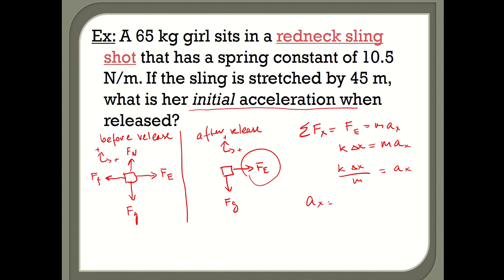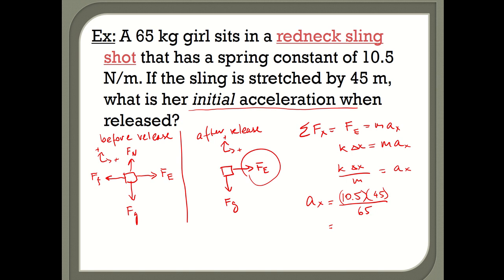So let's write this on this side. Plug in the numbers for k, delta x, and m. So k in this case, the spring constant, is 10.5. Delta x is 45 meters, and the mass was 65. So we have 2 sig figs, and 3, so the answer should be 2 because we're multiplying and dividing here.